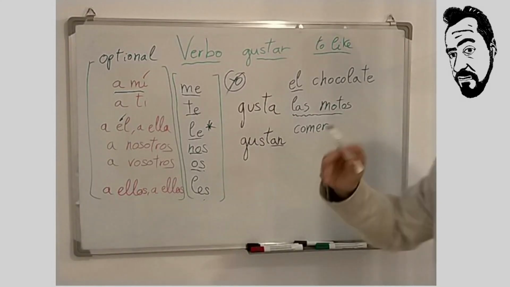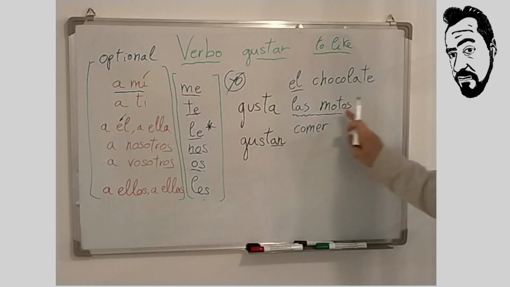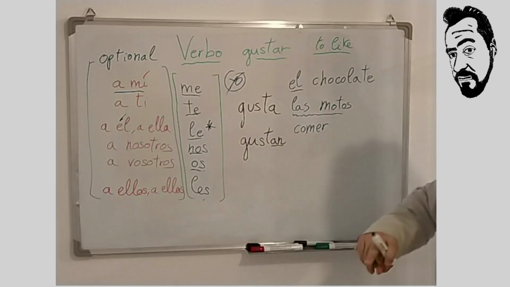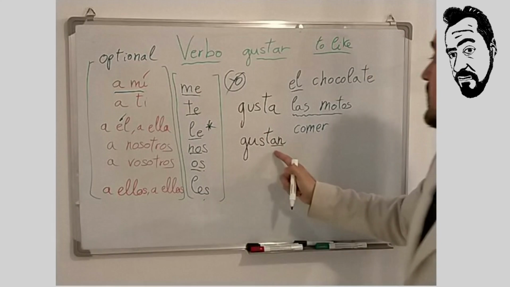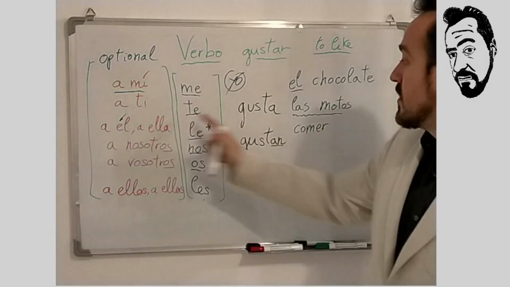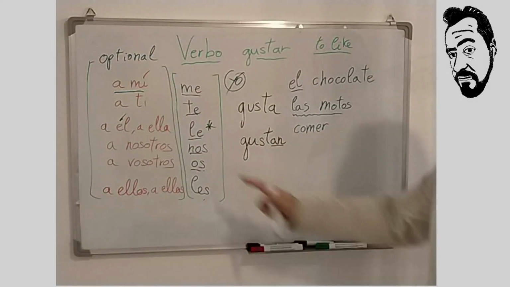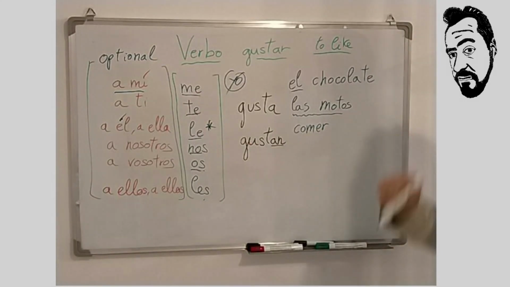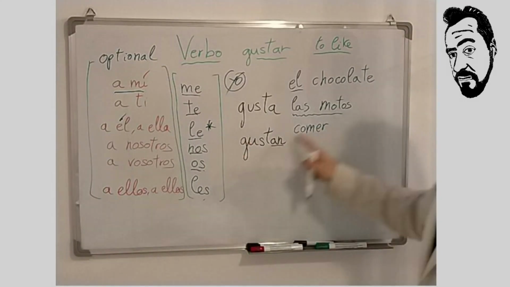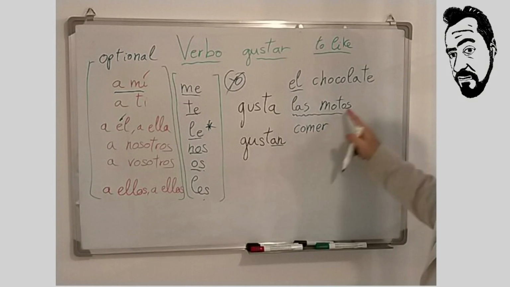But this is plural, so we have to use this one now. So, me gustan las motos. Te gustan las motos. Le gustan las motos. Nos gustan las motos. Os gustan las motos. Les gustan las motos.